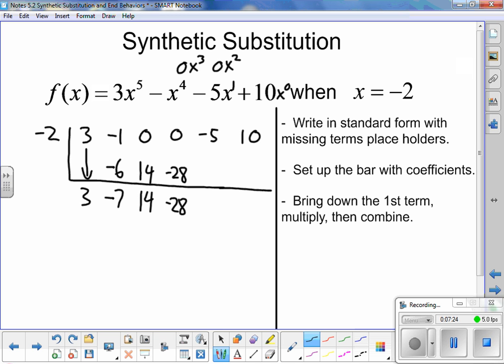Negative 28 times negative 2 is a positive 56. Combine with a negative 5 is a 51. 51 times negative 2 is a negative 102. Right? Yep, negative 102. And combine that and you get a negative 92.